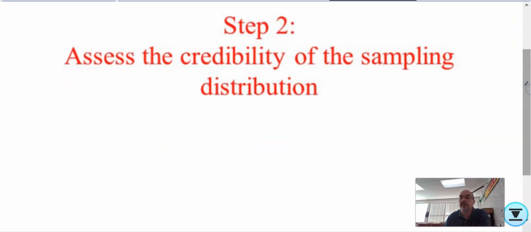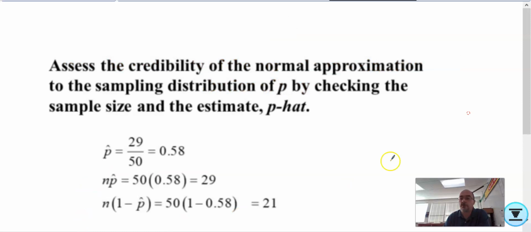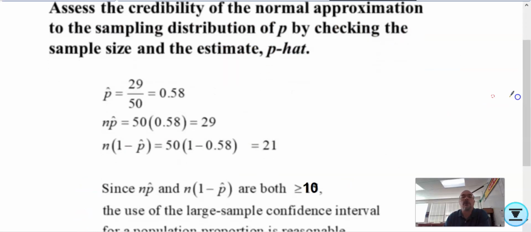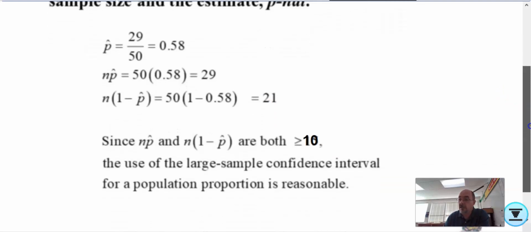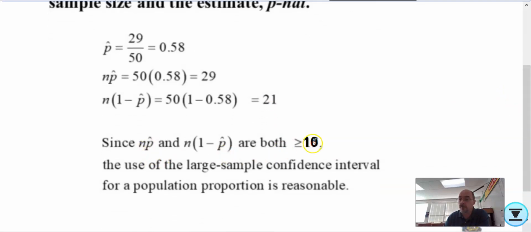Step 2, we assess the credibility of the sampling distribution. We took our 29 divided by 50 and got our p hat. We took n times p hat, that's 29, and n times its complement, that's 21. Since they are both greater than or equal to 10, the use of the large-sample confidence interval for a population proportion is reasonable.